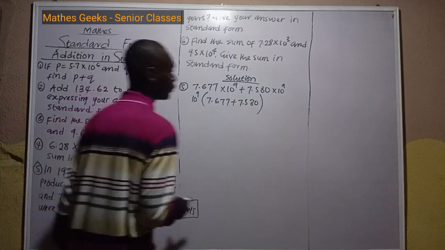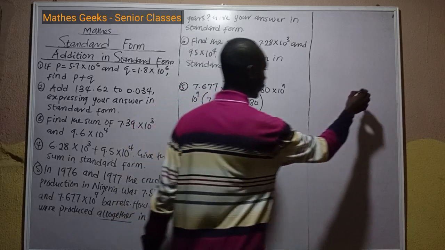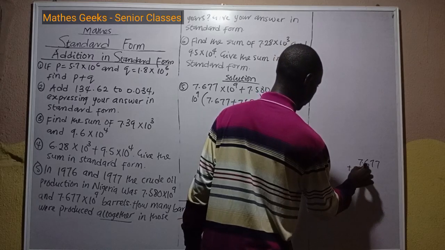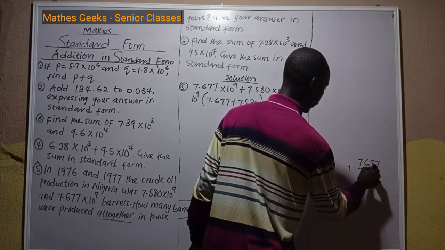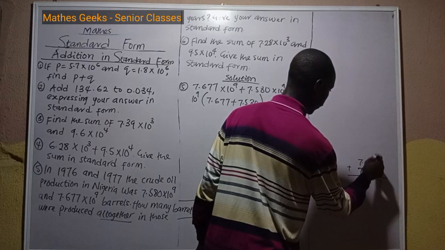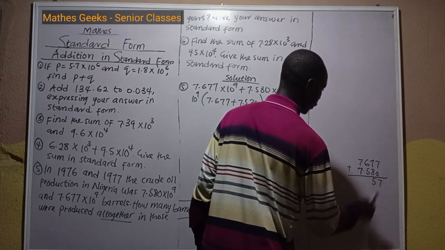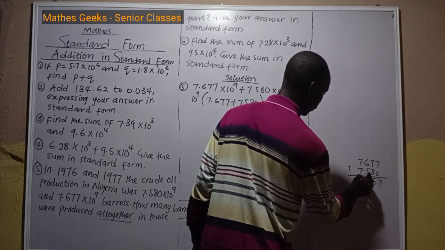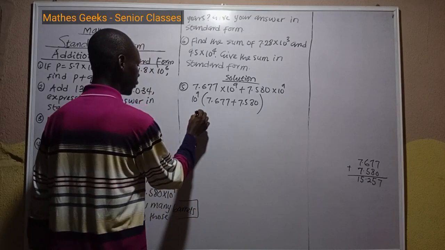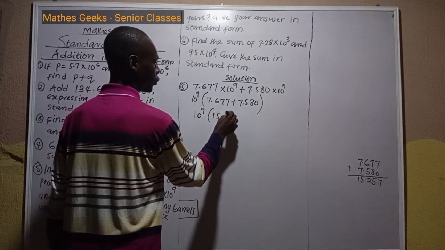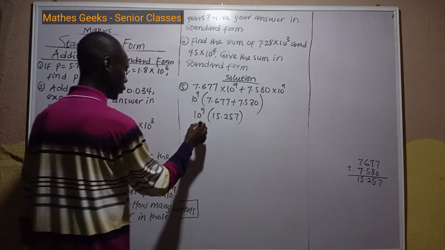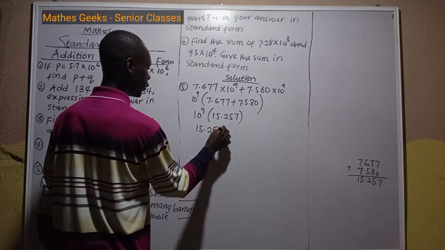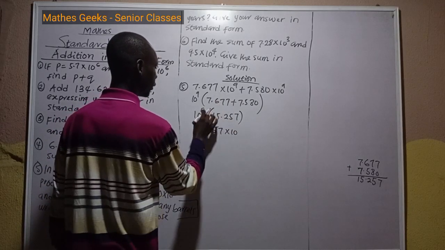Then we add them together. 7 plus 8, 15. 6 plus 5, 11 plus 1, 12. 7 plus 7, 14 plus 1, 15. So 15.257 times 10 raised to 9.